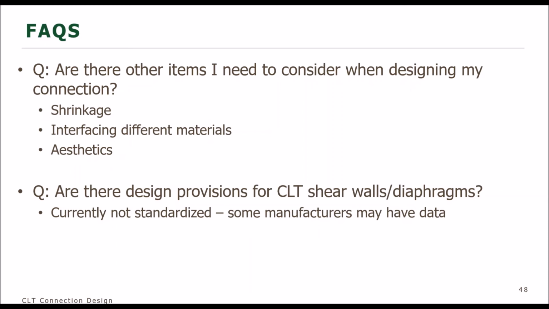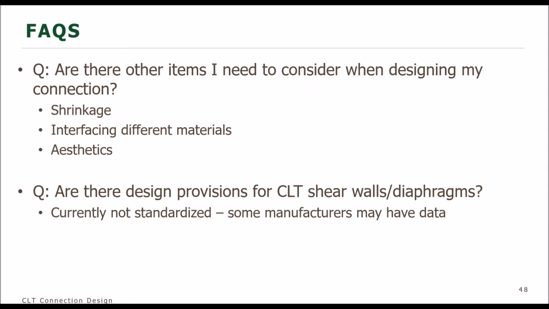It could be 16, it could be 18%, and it would still be considered kiln dried, but it might not be what your initial assumption was. And several percent moisture content loss can have an impact on the perpendicular to grain dimensions. So you need to have connection details that won't restrain the wood as it swells or shrinks. And that's not something that's unique to mass timber. That's something that you need to accommodate for all timber connections.